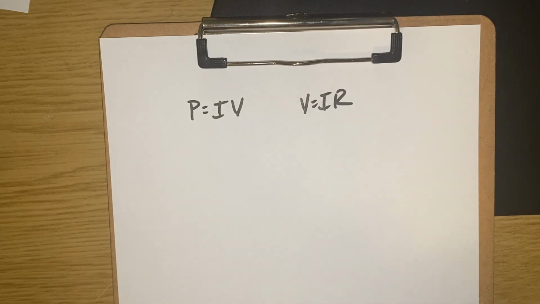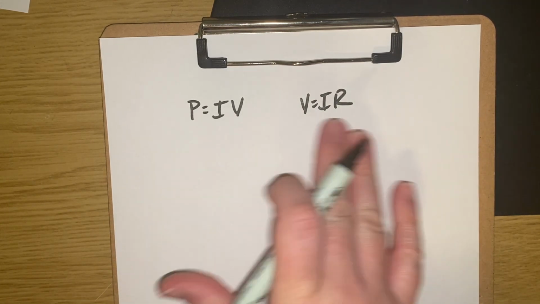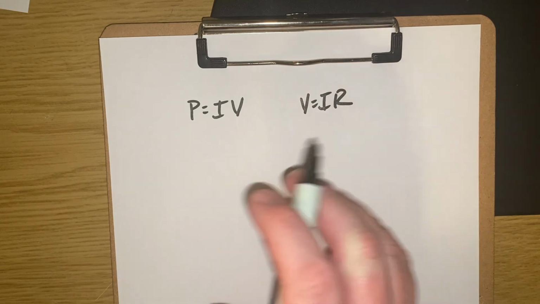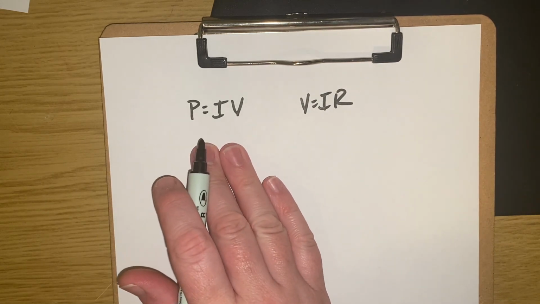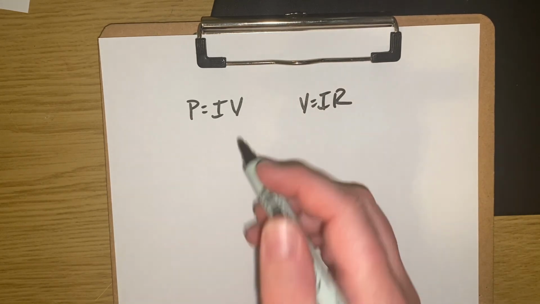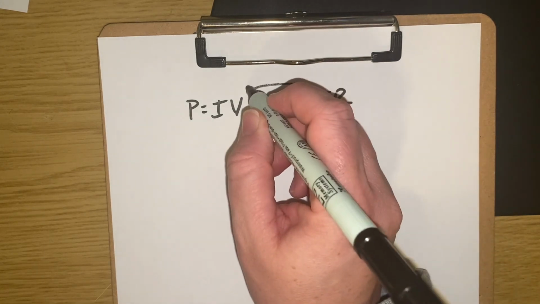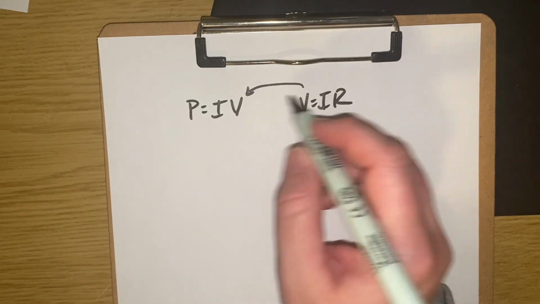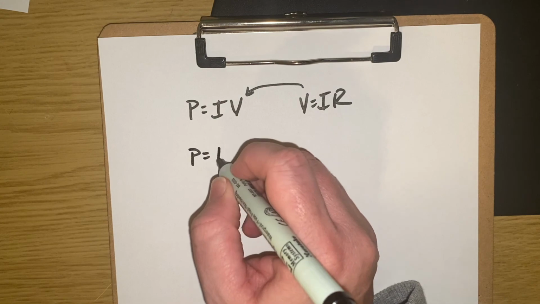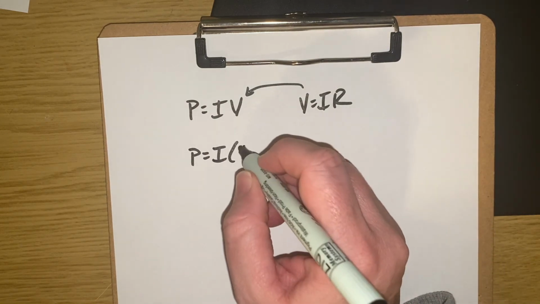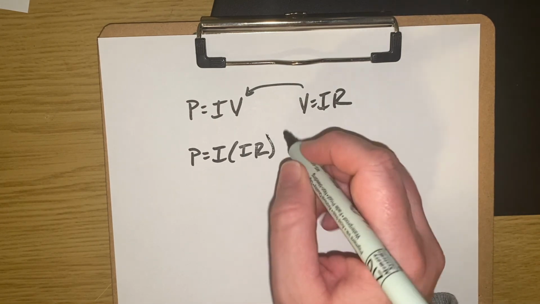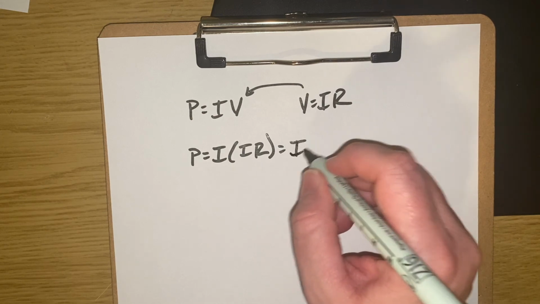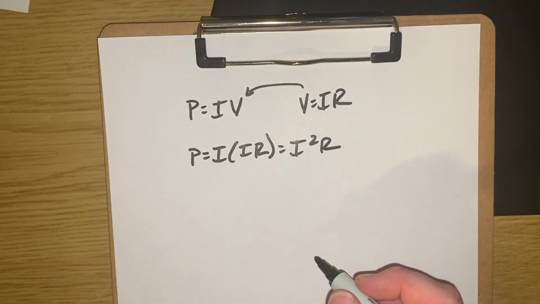All you're doing is a combination of these two equations. We start with P equals IV, and we know that V equals IR. So if we put in IR for where V is, we have P equals I times IR, and so that gives us I squared R.